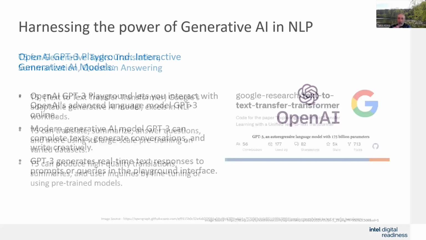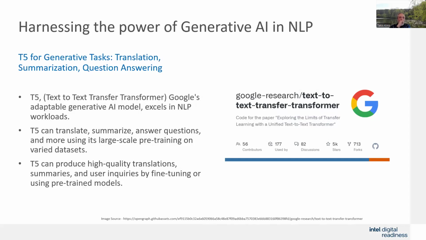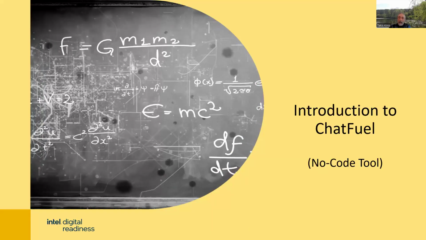And you guys have seen me use AI here, so I don't really need to demonstrate that. Google also has a tool, T5, for generative tasks such as translation, summarization, question answering. So these are just examples of different tools. And you can read some of its capabilities there.